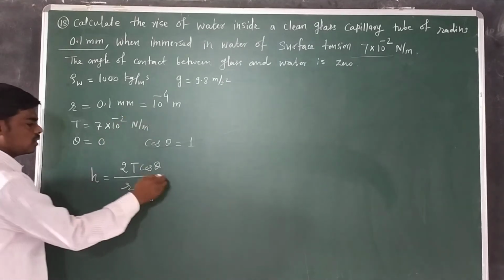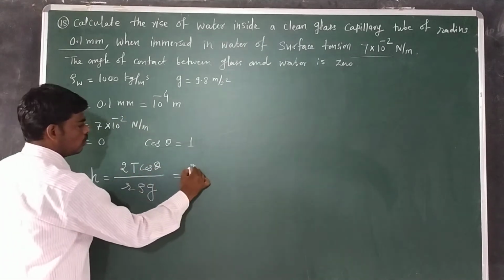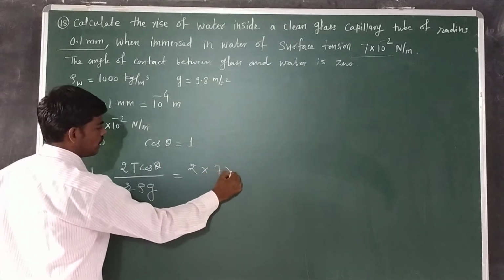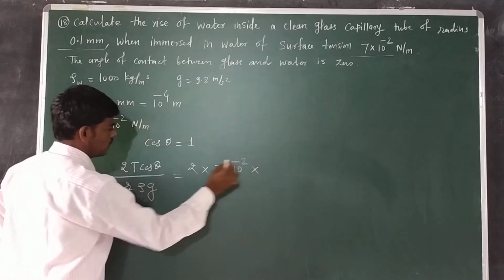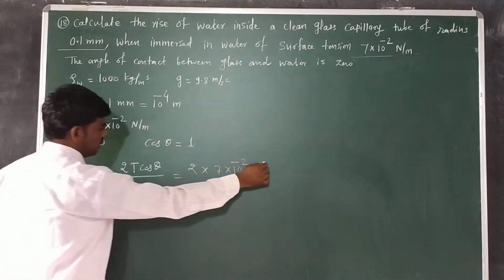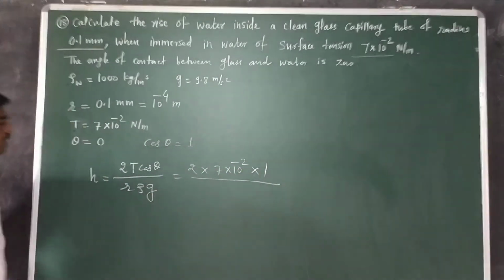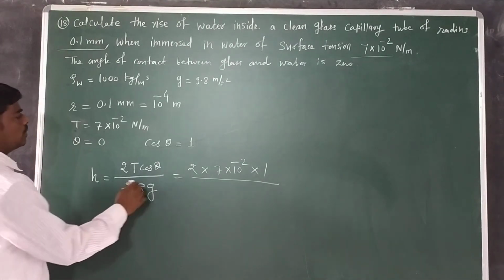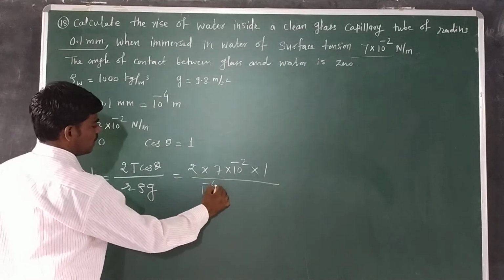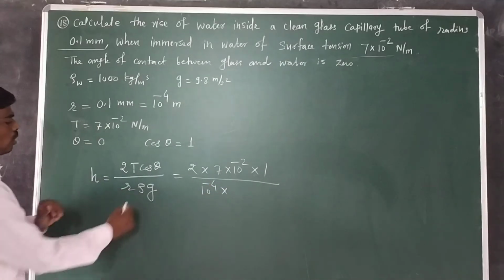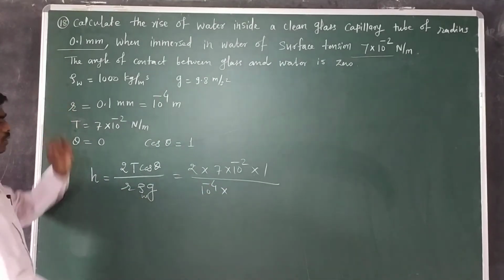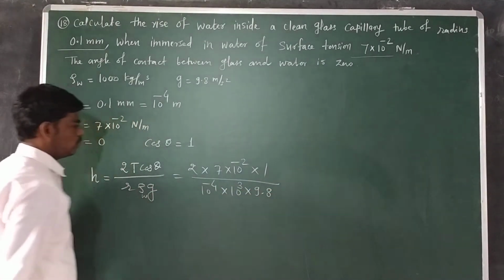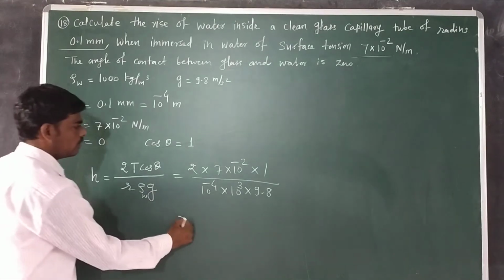So substitute all these values, very simple. 2 into T, T means 7 into 10 raised to power minus 2, cos theta, it becomes 1. r, radius of glass capillary, 10 raised to power minus 4. Then rho, density of water. Density of water is given to you 10 raised to power 3 into g 9.8. So we can solve it.